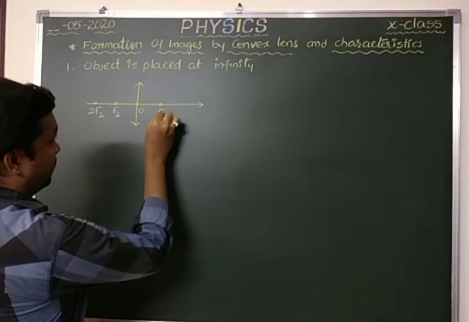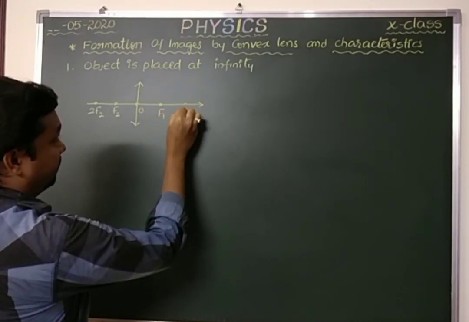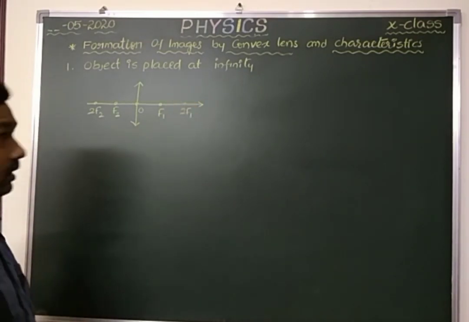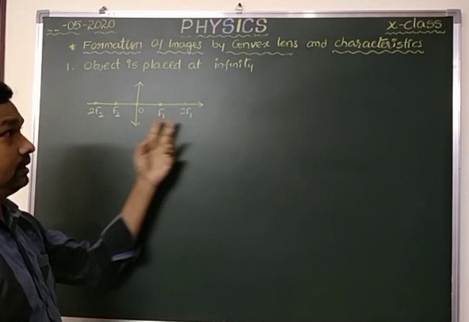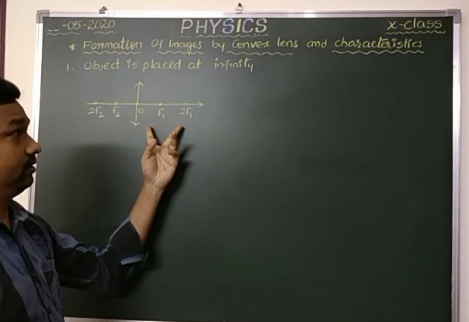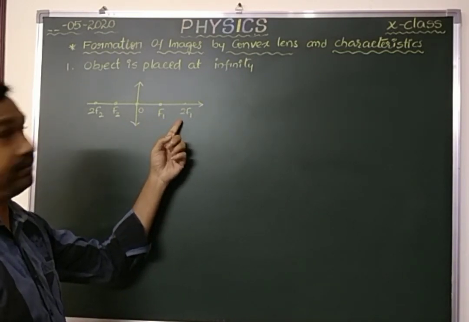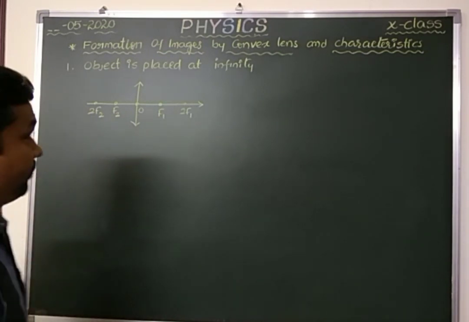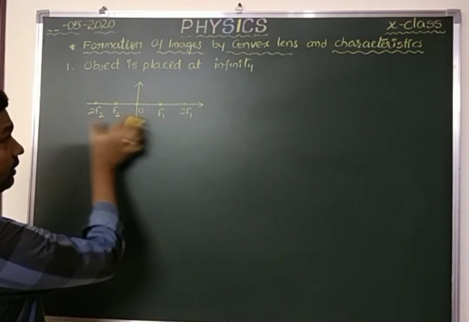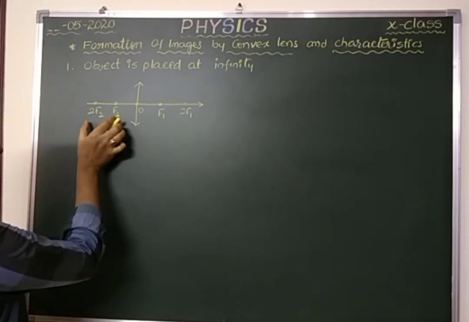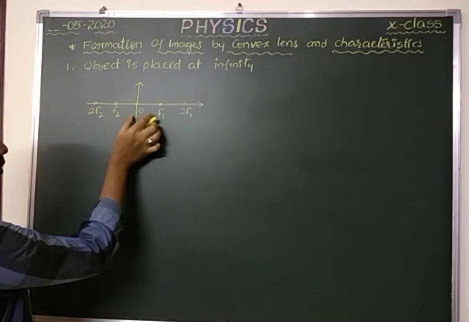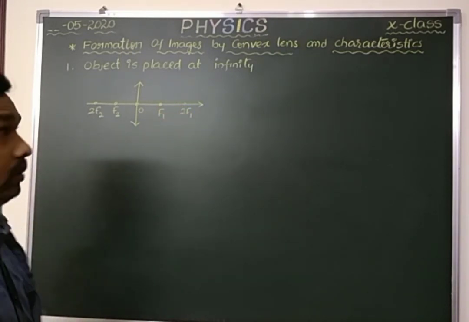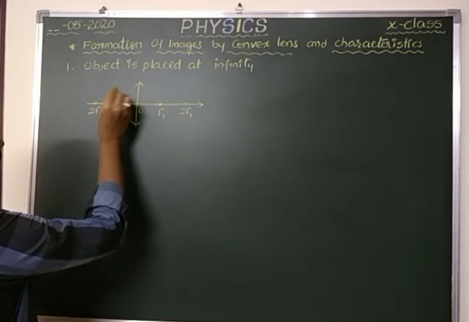Focus F1, center of curvature 2F1. Double the focus is called the center of curvature, so we can represent that as 2F1. Here this is 2F2. The distances must be equal. We need to consider all the distances: 2F2 to F2, F2 to O, O to F1, F1 to 2F1. Distances must be equal.